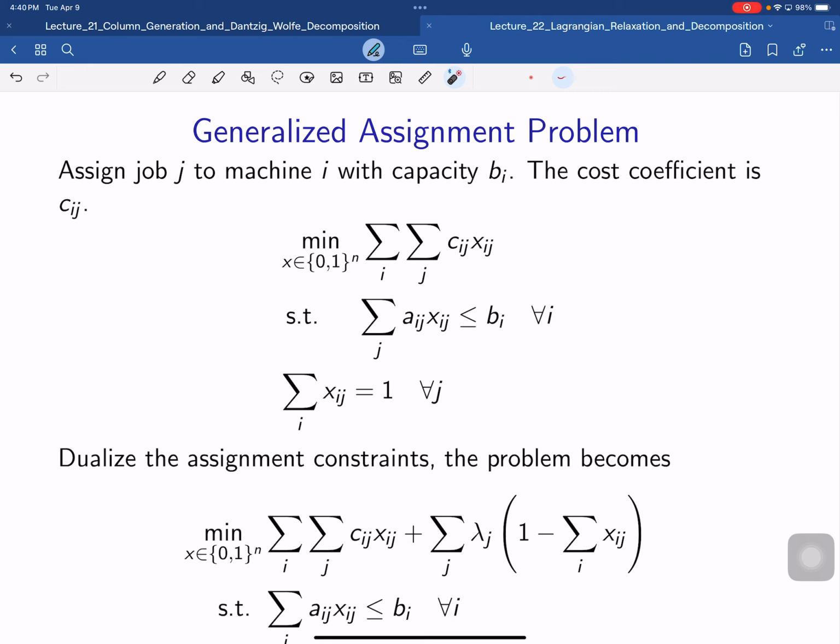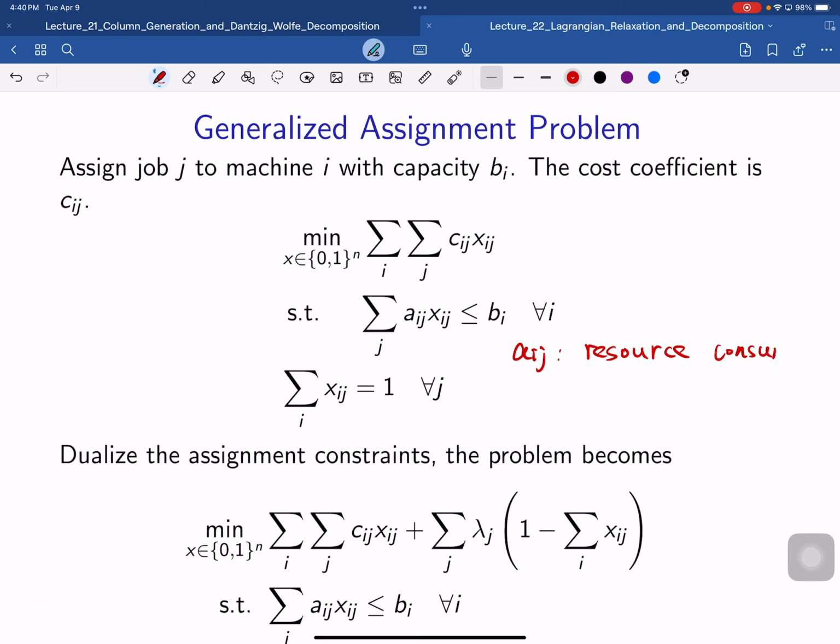So if you sum over a_ij times x_ij, you can think about a_ij as, for example, the resource, or usually in a scheduling problem, the processing time consumed by job j if assigned to machine i. Right? Or the capacity of machine i that job j will consume.